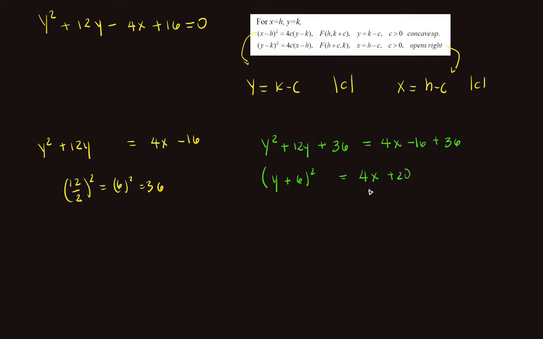Now we can take 4 as a common factor, and this looks like 4x plus 5. This is actually the equation we want: y plus 6 squared equals 4x plus 5, because this one looks exactly like this one here.